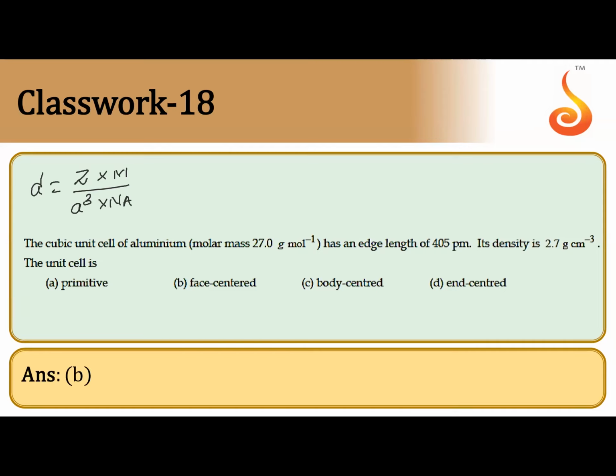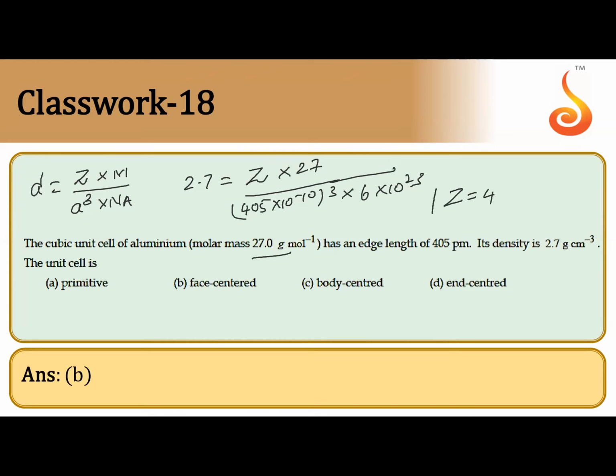Given that density is 2.7, equal to Z, which we have to calculate, into atomic mass of aluminum 27 by a cube. Once again, 405 picometer converted to centimeter because density is in centimeter, whole cube, into Avogadro number 6 into 10 power 23. So you calculate the Z value, you will get exactly 4. Z is 4 means it is FCC.